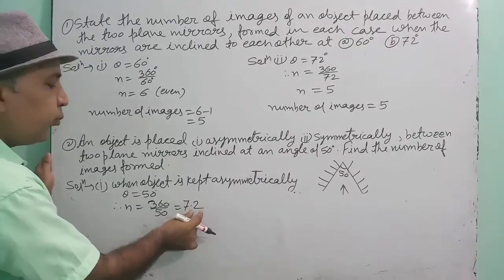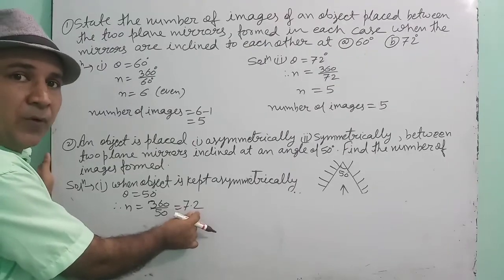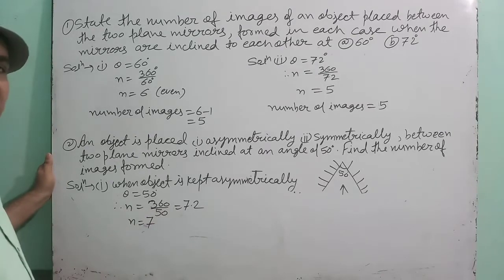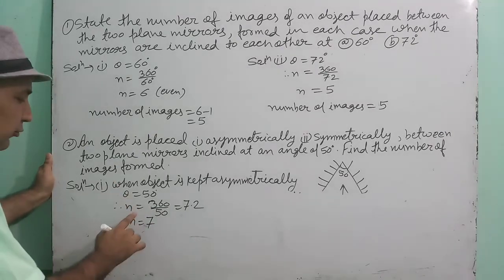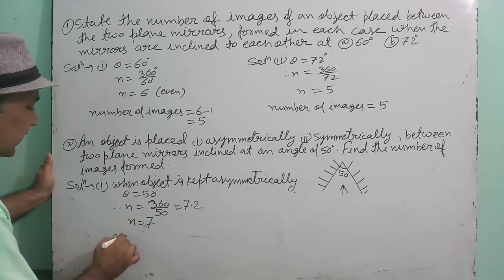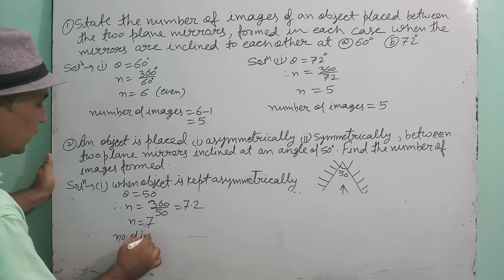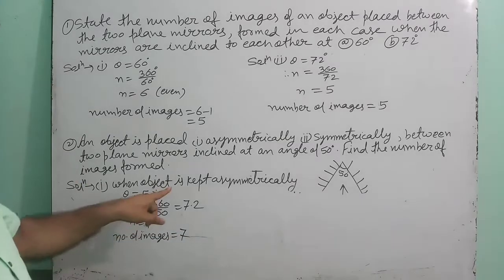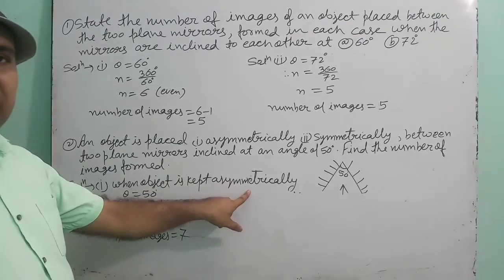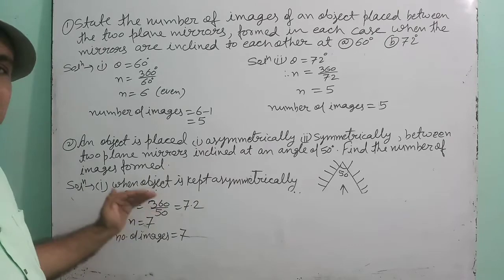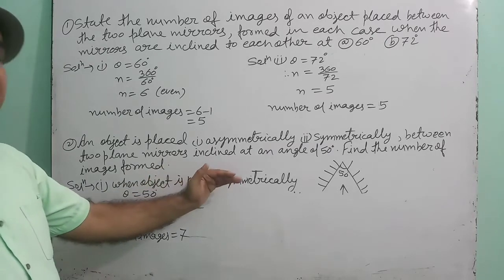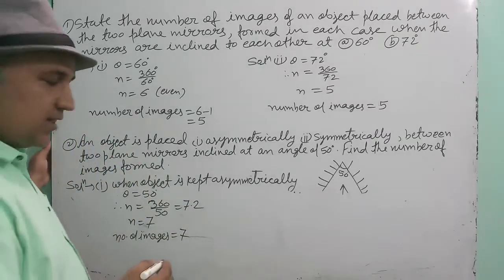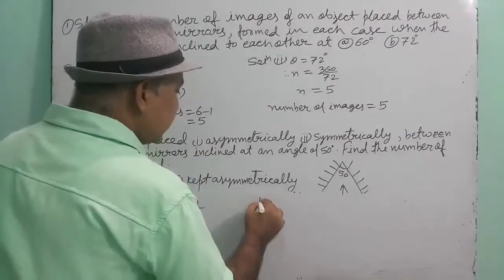We know that 0.2 image cannot be formed, so we will convert it into a whole number. That means n is equal to 7. Now the value of n is odd, then the number of images will be 7 because the object is kept asymmetrically. The value of n is odd and the object is kept asymmetrically, then the value of n will be the number of images. Okay.